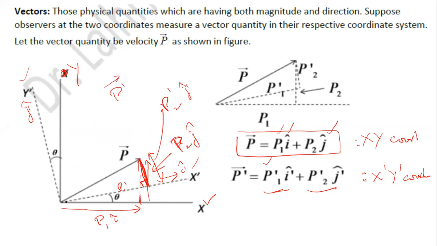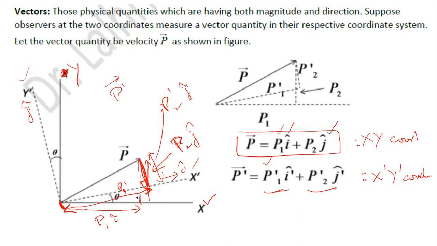So if you look at this, from this to this is your p1 prime. In the prime coordinate, p1 prime is this. Now if you want to express your p1 prime in terms of p1 and p2, how will you write?